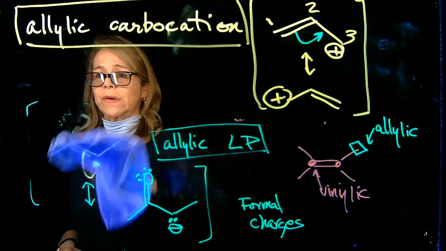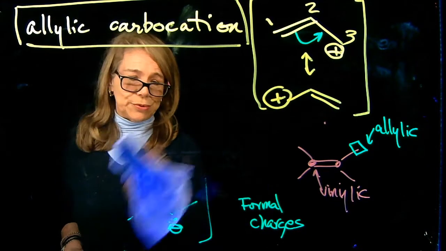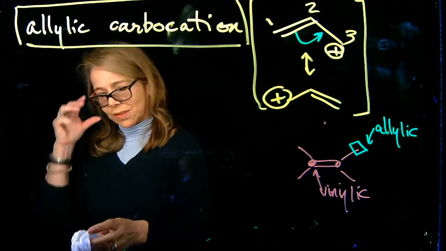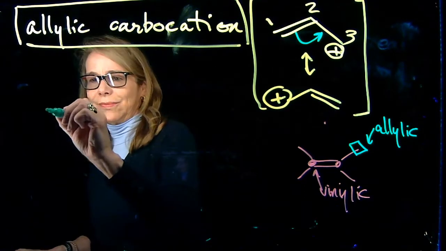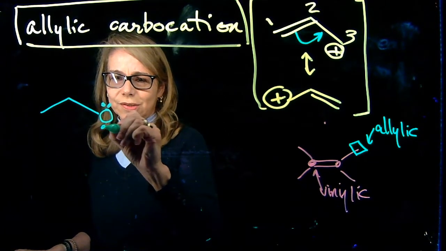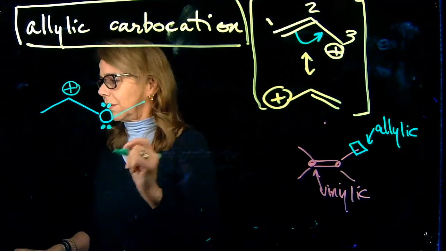And let's erase that to give you another pattern that we should be able to recognize when we are doing resonance structures. And that pattern is, say that I have a lone pair adjacent to a positive charge, like this one here.